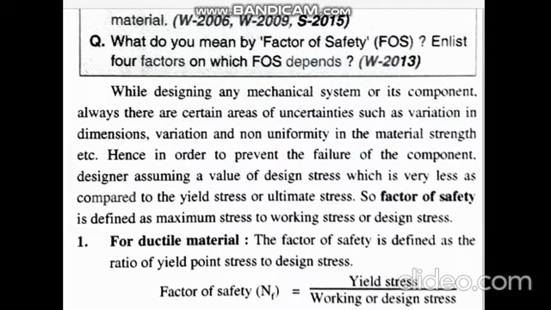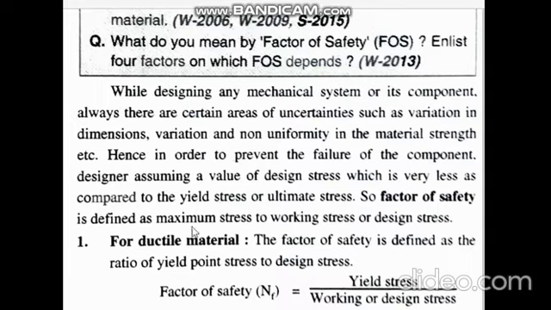When you are designing a mechanical component, there are always certain areas of uncertainty, such as variation in dimensions, and variations and non-uniformity in the material strength, etc. Hence, in order to prevent the failure of the component, the designer assumes a value of design stress which is very less as compared to the yield stress or ultimate stress.